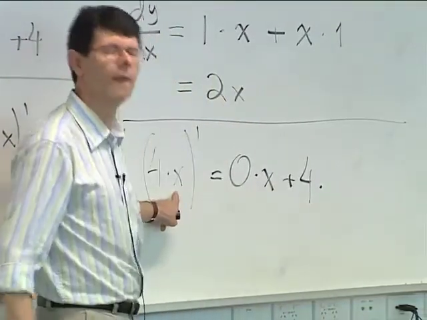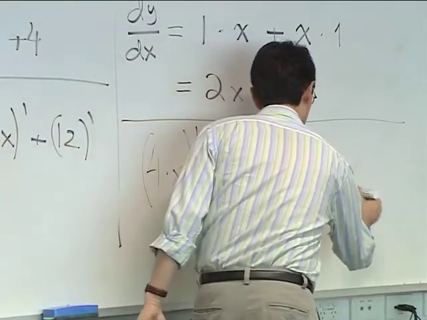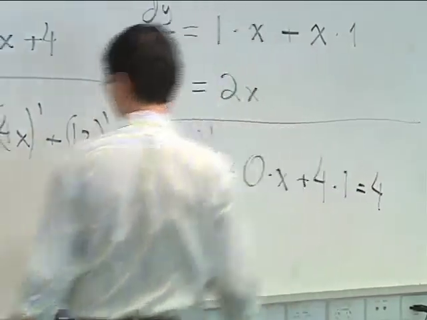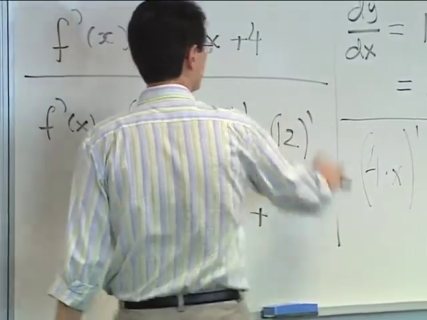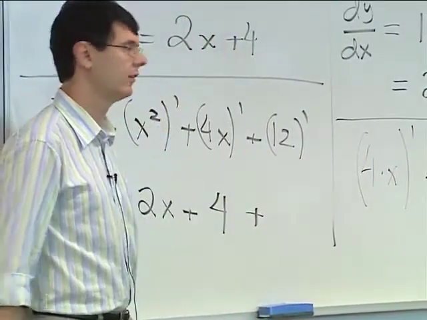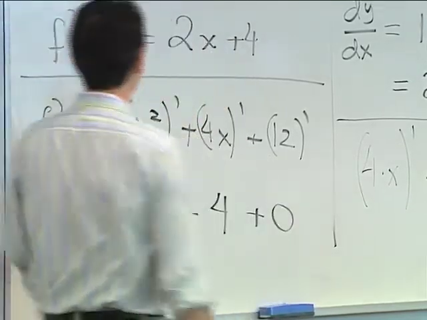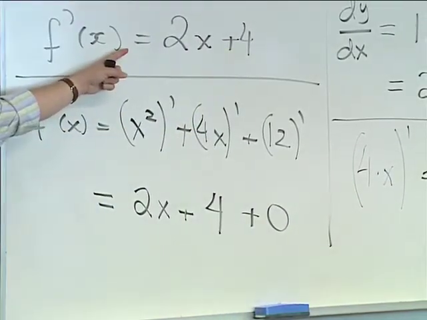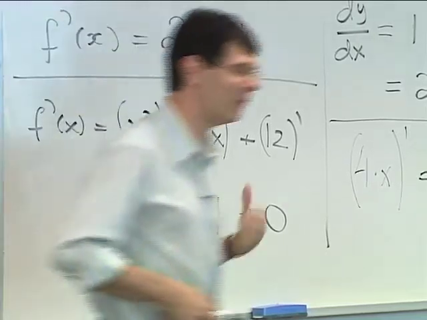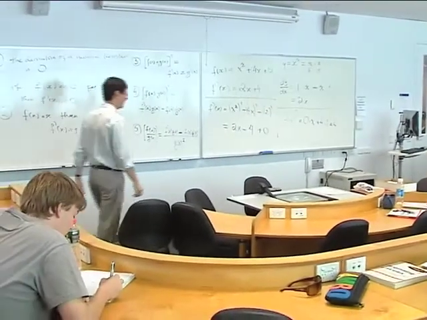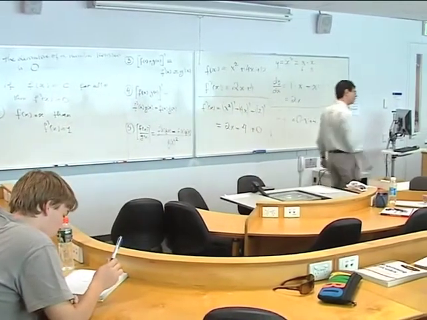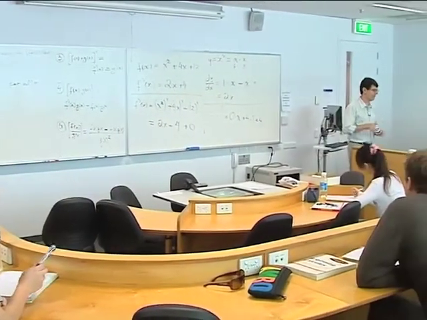What's the derivative of x? 1. So this is 4. Plus, what's the derivative of 12? 0, because it's a constant. Look, look, look. Oh, don't you feel like a warmth in you when you get the same answer in 2 different ways? And it's the same answer? Okay?